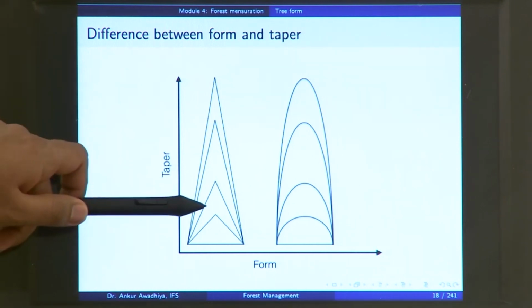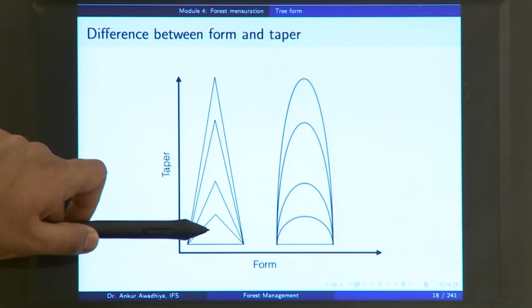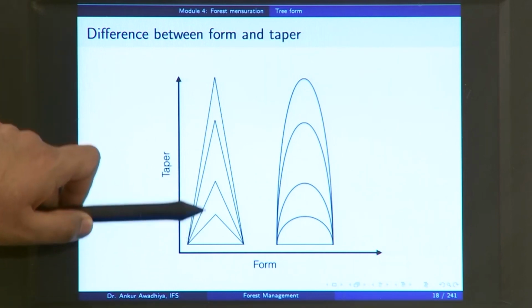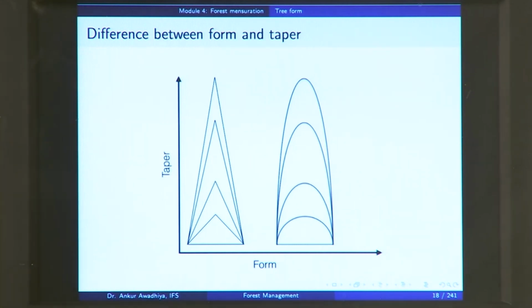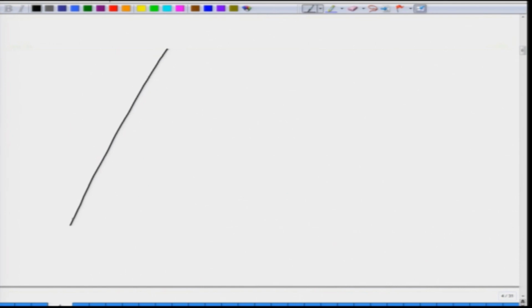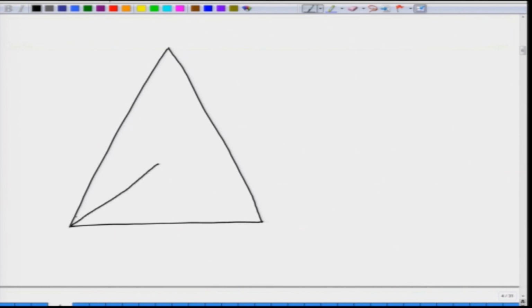So, in this case, for this small height, you are seeing a much greater change in diameter as compared to this one. So, what we are saying here is that you have these two solids with the same form. So, both of these solids are cones.